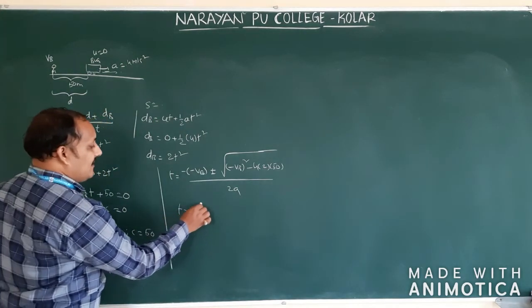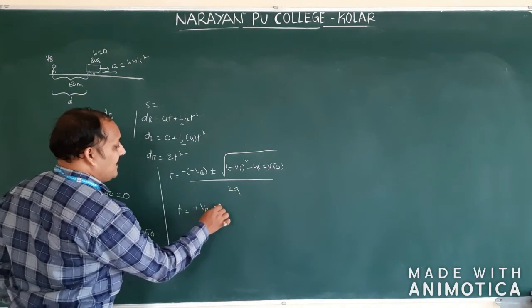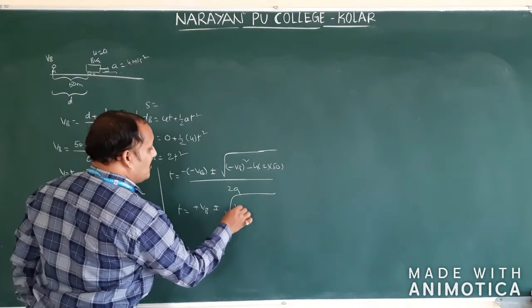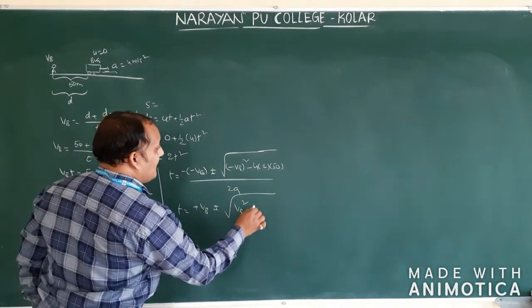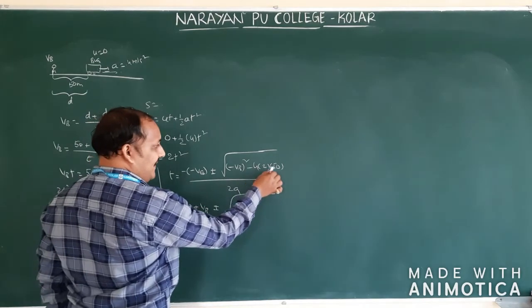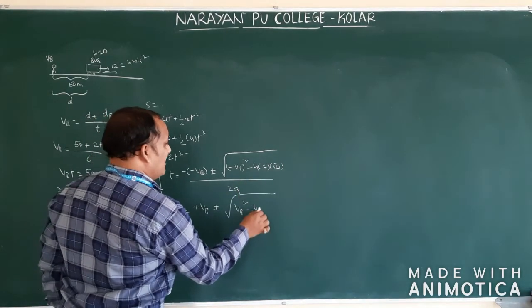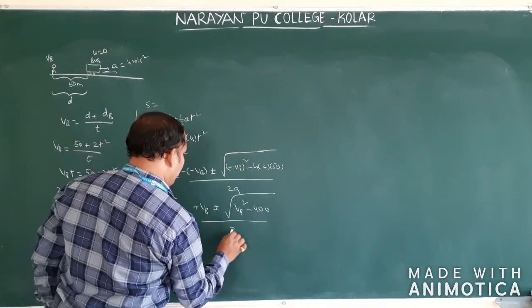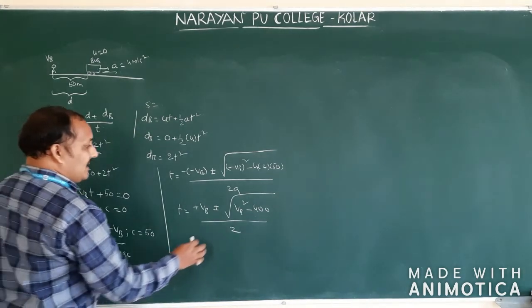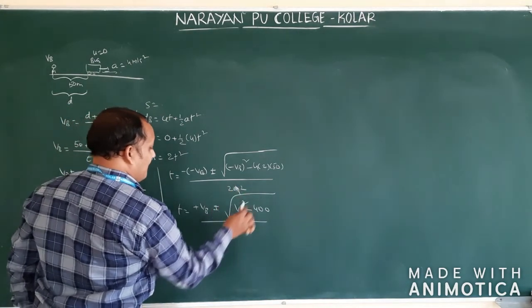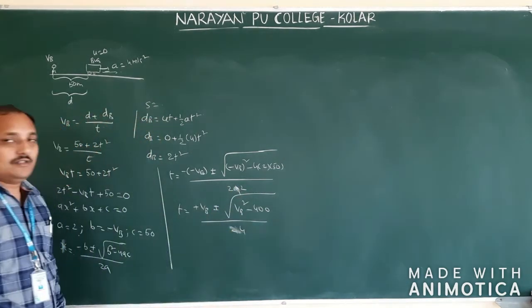Then t is equal to plus vb plus or minus root vb square minus 400, divided by 2 times a, where a is 2. That is nothing but 4.